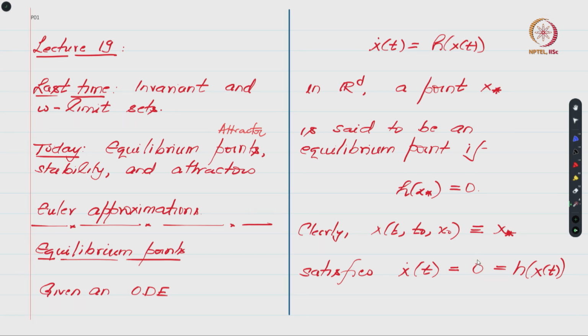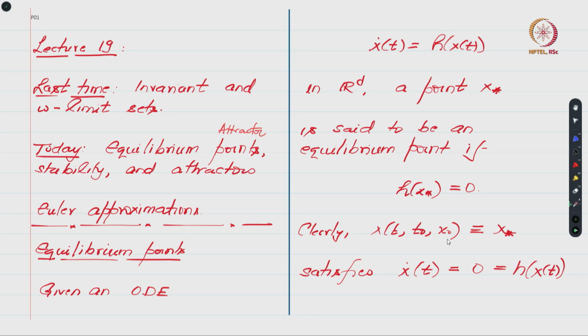On the other hand, since x star satisfies the property that h of x star is 0, we can see that h of x of t, which is basically a shorthand for this expression, which is equal to x star, is 0, and hence x dot of t equals h of x t for this constant trajectory. So, in that sense equilibrium point is special.